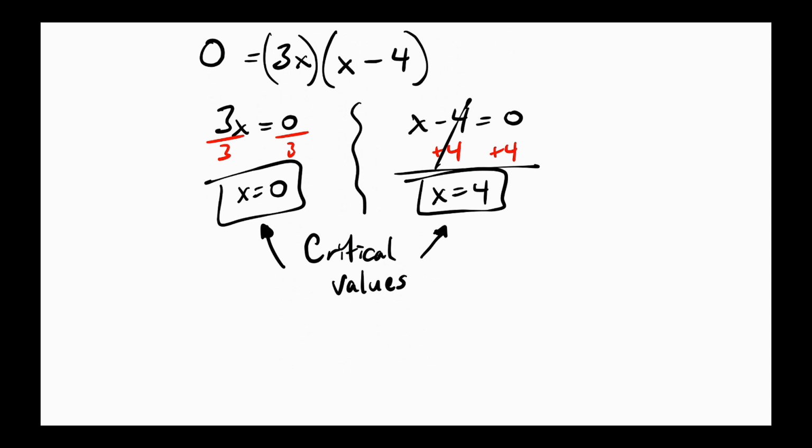Okay? Because that's where the derivative is 0. Well, my next step is, are they maximums or are they minimums? So I got to determine, are they maximum points or are they minimum points? In order to do that, this is where I'm going to use the first derivative test.